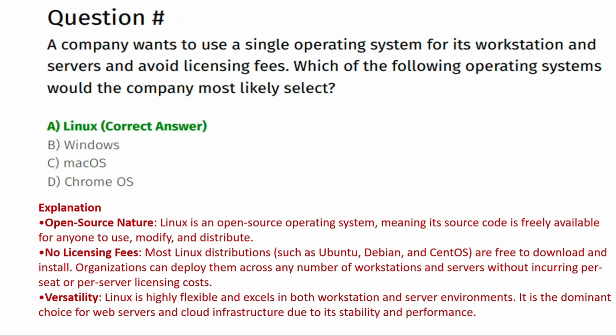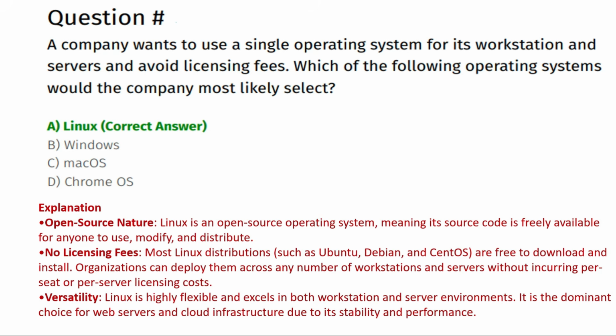Open source nature: Linux is an open source operating system, meaning its source code is freely available for anyone to use, modify, and distribute. No licensing fees: most Linux distributions, such as Ubuntu, Debian, and CentOS, are free to download and install. Organizations can deploy them across any number of workstations and servers without incurring per-seat or per-server licensing costs.